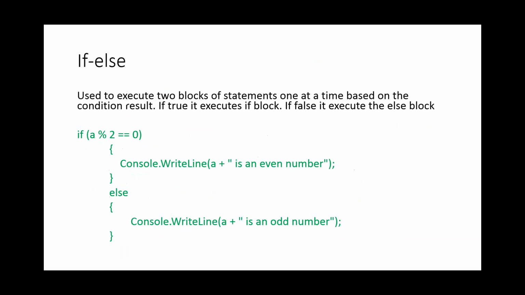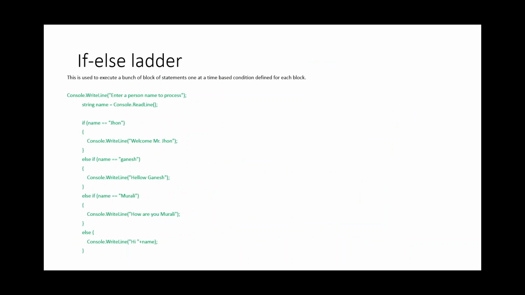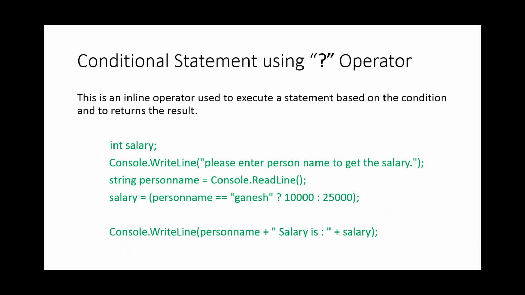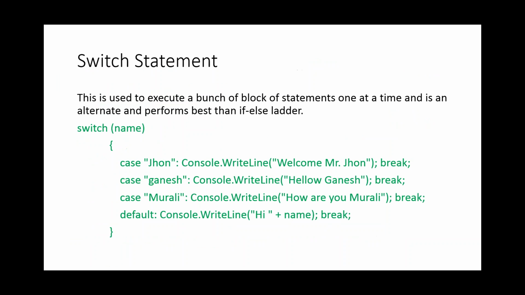One is if, another is if else, and after that we have if else ladder. After that the question mark operator, and after that we have the switch statement. These are the main things we use in our day-to-day programming life, and they are very essential. As a programmer we have to remember this.